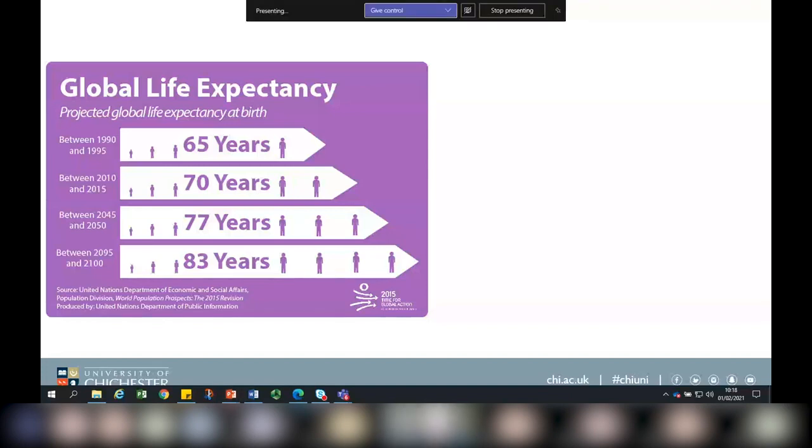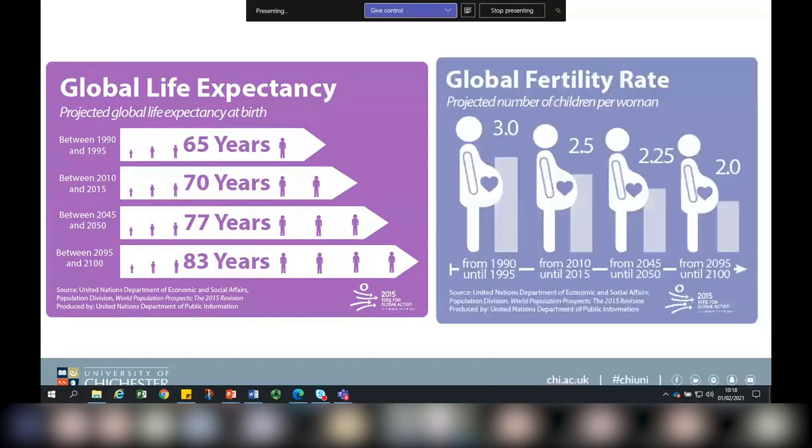So basically, we're all living older. When I was about your age, people were only living till 65. However, nowadays they're living about 76 years. So we are all going to be living longer.